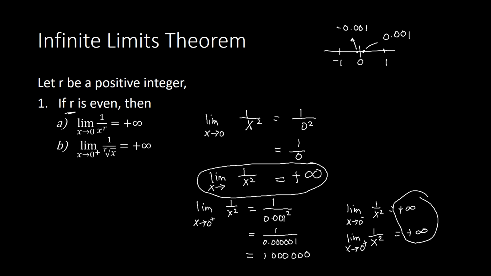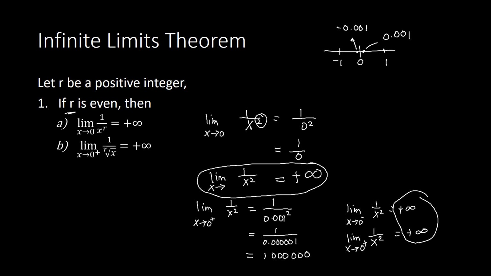But let's go back to the theorem. The theorem says if r is even, if you look at this 2 here, it is an even number. By the way, r is our exponent. So once your exponent is even in this format wherein you've got 1 over x to an exponent, if r is even, automatically once your x approaches 0, we are now viewing the entire picture, meaning we're checking whether the left and right hand limits are the same.